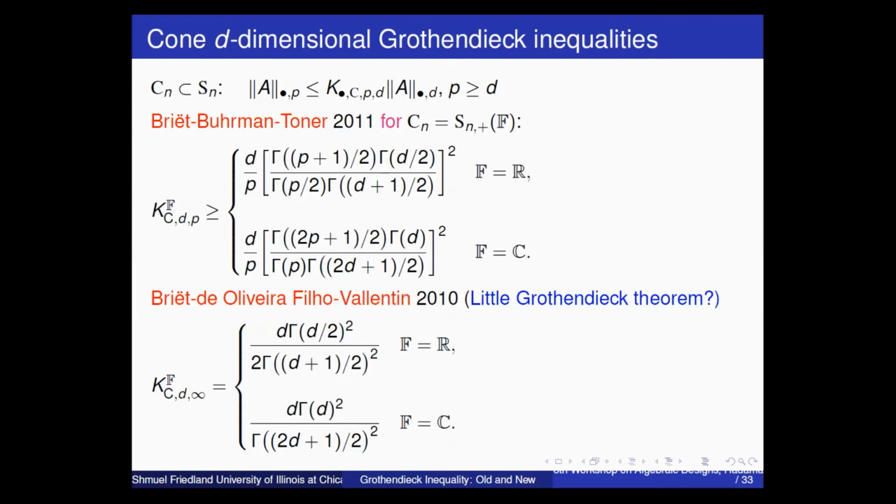This was actually done in the paper of Briët, Buhrman, and Toner. They computed these inequalities for p, and then they showed that if you take p to infinity, you have the exact value. And actually, as I said, this is what Pisier calls the little Grothendieck theorem. In other words, positive semi-definite is much easier.